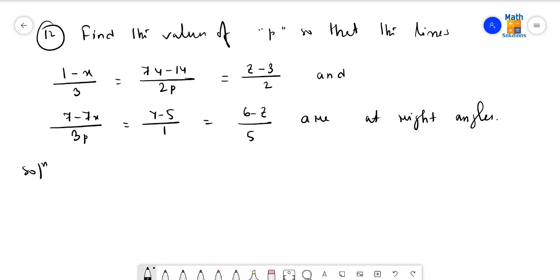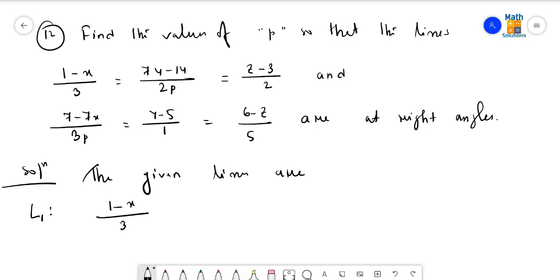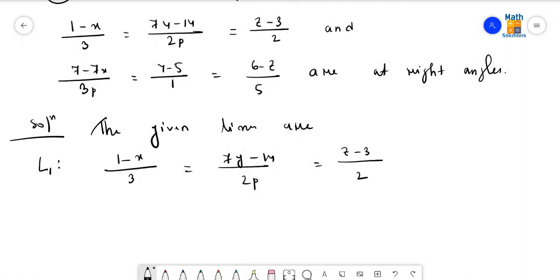So in the solution part, we shall be writing the given lines: line 1 is 1 minus x by 3, that is equal to 7y minus 14 by 2p, that is equal to z minus 3 by 2. How can it be written in proper way?